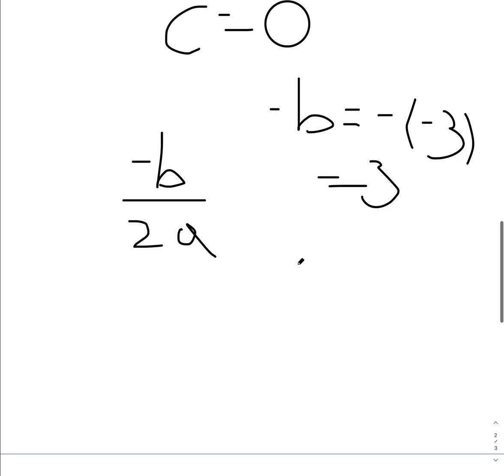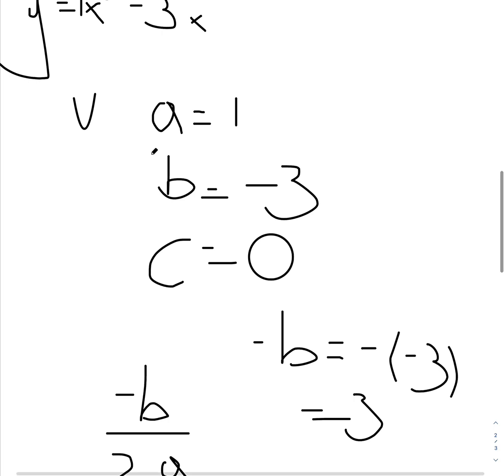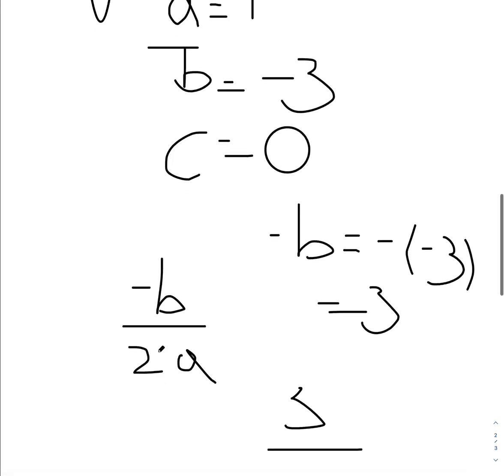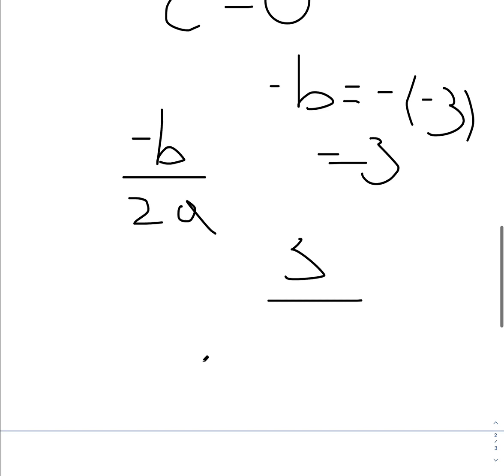So now we have got 3 over that. And now our a, as we said, is equal to 1, and then you have a multiplied by 2. So 1 multiplied by 2 is equal to 2. So now, after we have this information, we could convert it to a mixed number, which is gonna be 1 and 1 over 2.